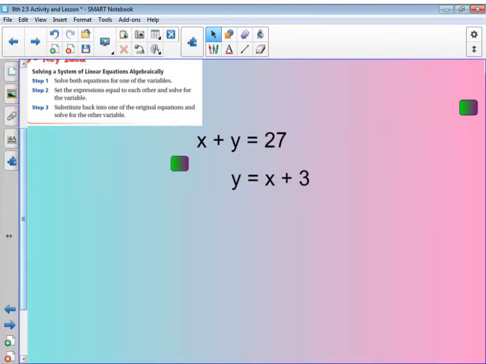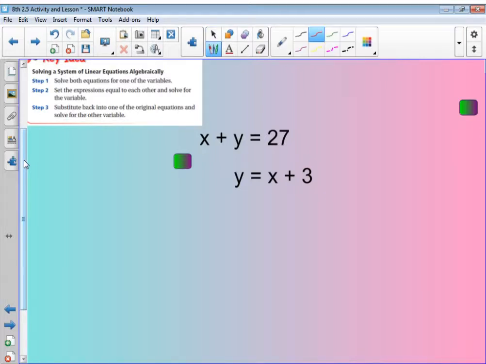So here we go. We've got x plus y equals 27, and y equals x plus 3. Looking through our steps, our first step is to solve both equations for one variable. This one already has y equals. Let's work this equation to get it to say y equals.